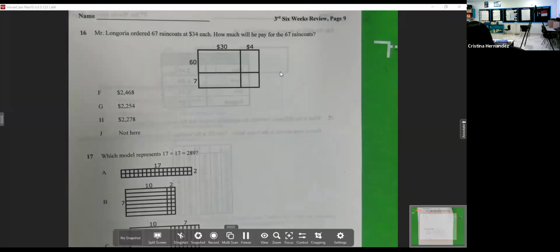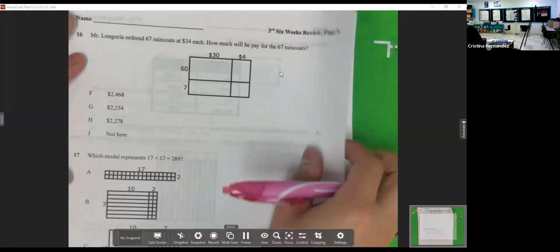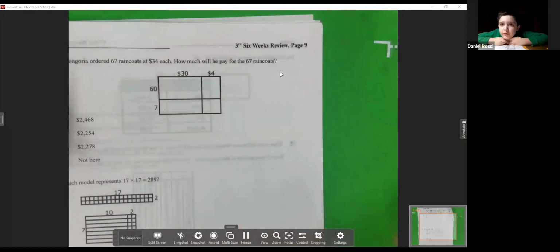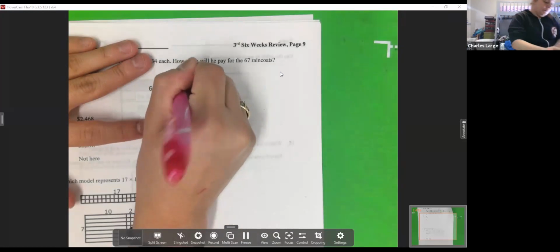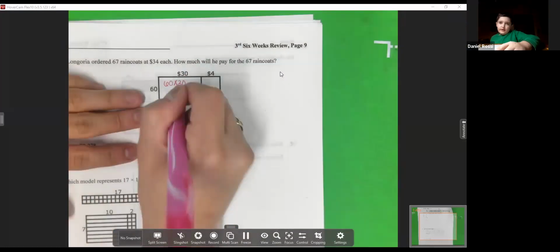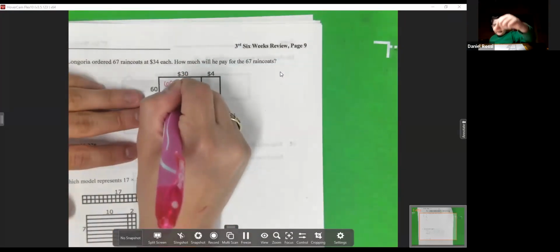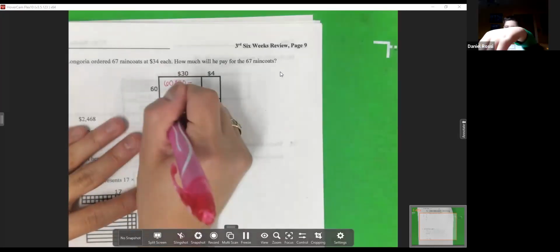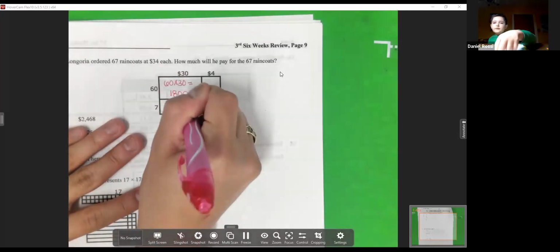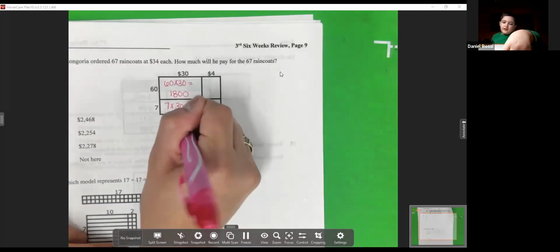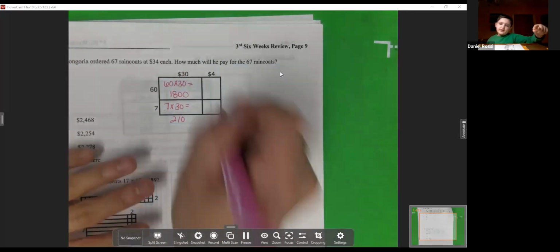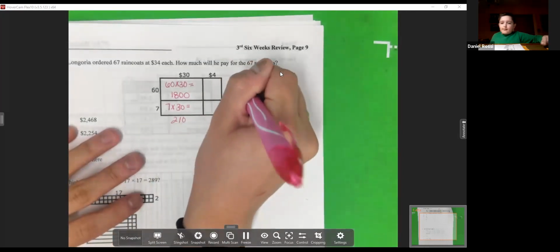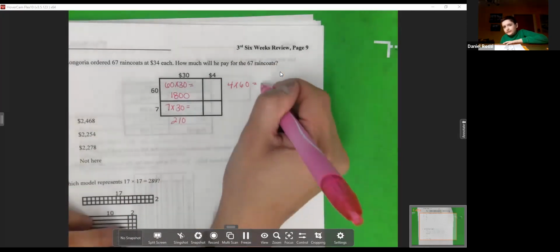Let's see. Somebody help me solve it here. 30 times 60 is 1800. And then 7 times 30 is 210 because 7 times 3 is 21. And then 4 times 60 is 240.